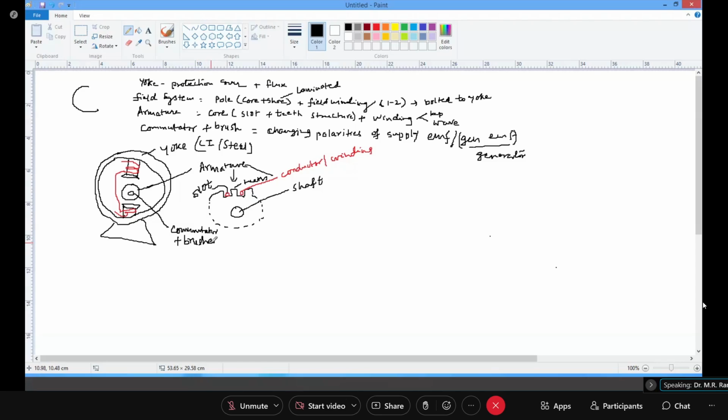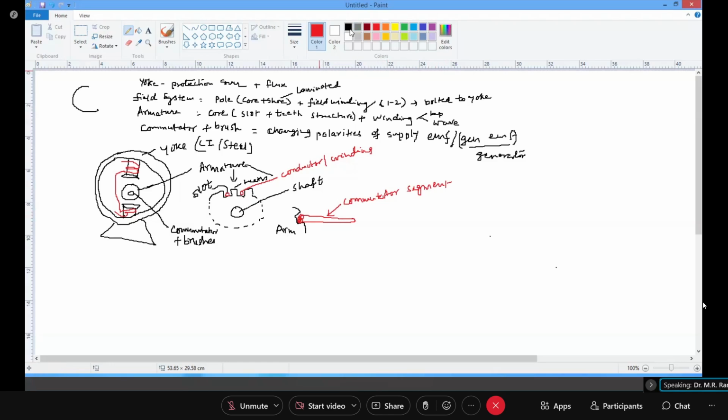This is my armature, and this is my conductor. This conductor is connected with a thick copper bar. So this is my conductor, and this we call a commutator segment, which is a thick copper strip.